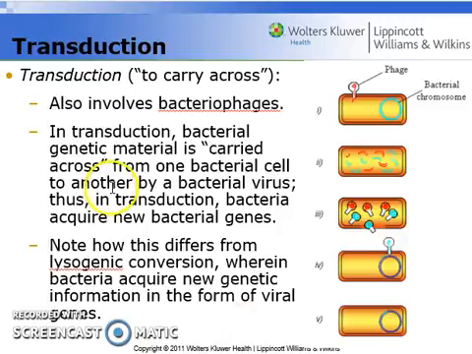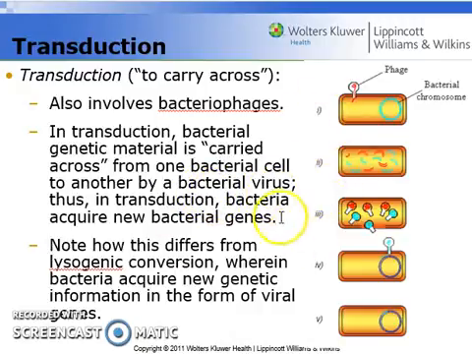So in this process, we also have the use of bacteriophages for this to occur, just like we saw with the lysogenic cycle. In transduction, the bacterial genetic material is going to be carried across from one bacterial cell to another by a bacterial virus.